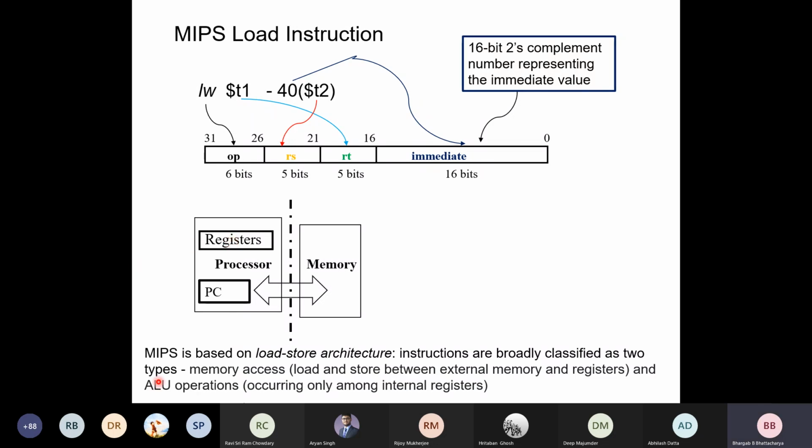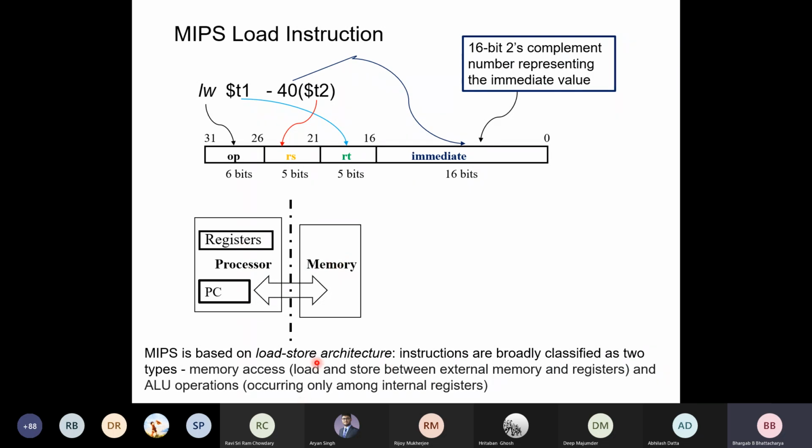Here, I want to mention one thing: this MIPS assembly language, or the MIPS machine, is based on what is called the load store architecture. Here, all instructions are broadly classified into two types. One is called memory access, where you access data from memory, either loading from external memory or storing into external memory. You load the data from memory to a register, and similarly for a store operation, you store the content of some register back to some memory location.